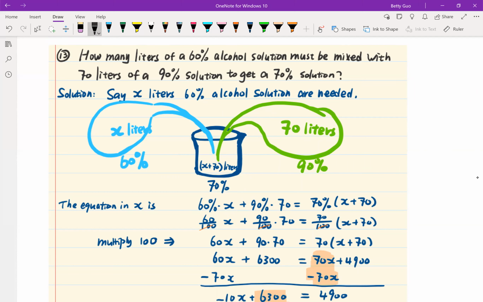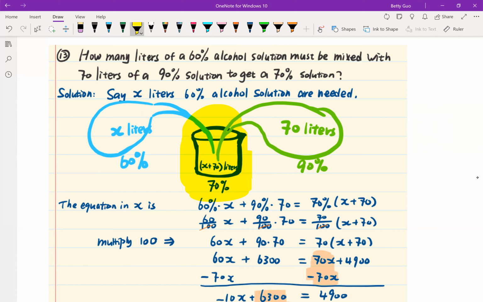So in the blue part, we're going to pour the x liters of 60% solution with 70 liters of 90% solution into the jar here. X liters, 70 liters. So in the jar, we're going to have x plus 70 liters. And we want the solution in the jar to be 70%. The density is 70%.